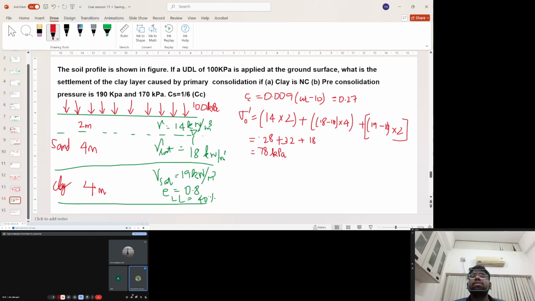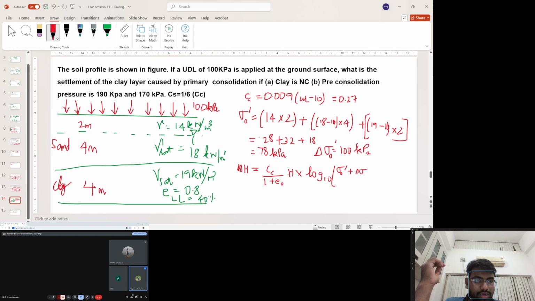Now delta sigma will be 100 kPa. So now since it is NC, we know that delta H will be equal to Cc by 1 plus E naught into H into log 10 of sigma naught dash plus delta sigma dash by sigma naught dash.